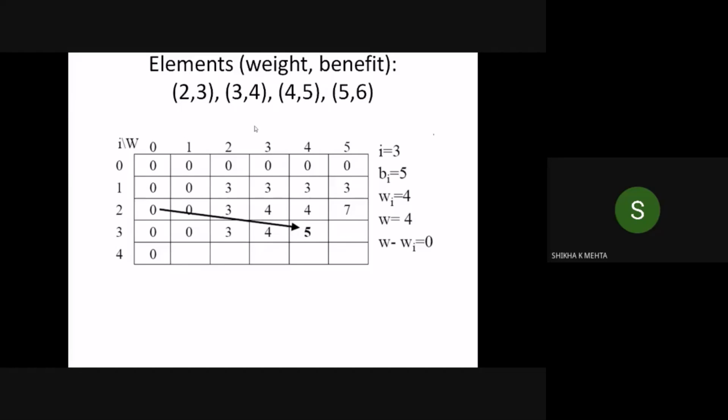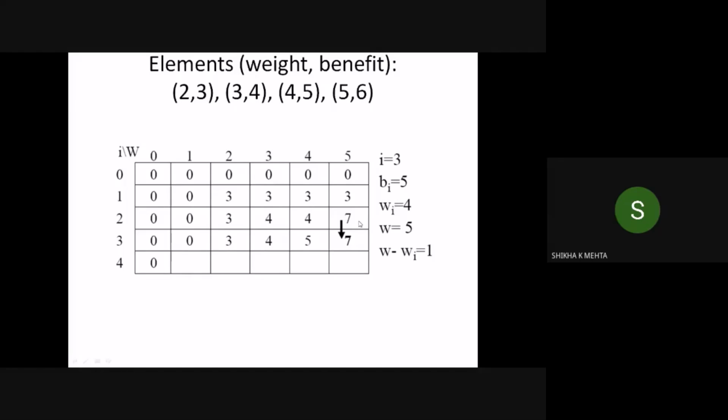The maximum benefit is given if we take the first 2 items rather than the second item alone, which is 4. If we take only the third item, because we have a knapsack capacity of 5, we are going to get a benefit of only 5. But if we put these first 2 items, then the total benefit will be 3 plus 4 is equal to 7. So we take these 2 items in this particular capacity.